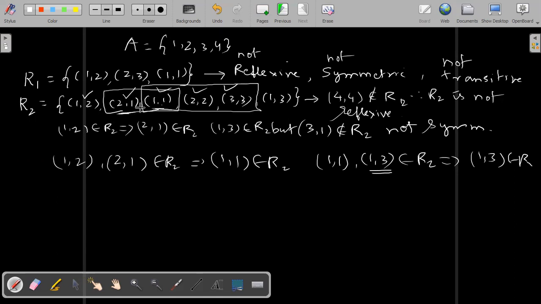Similarly 2, 1 and 1, 1: 2, 1 will again come, so 2, 1 will also belong to R2. So all are belonging. Therefore, R2 is transitive. Are you getting my point?